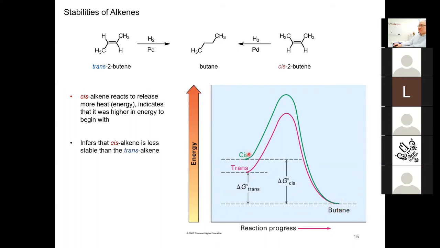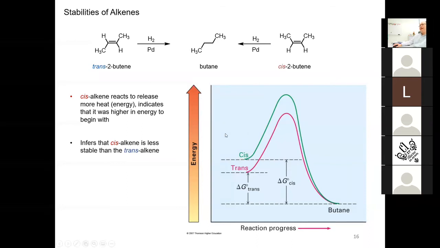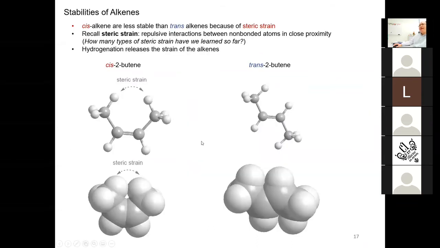If the energy of the starting material is higher, you release more heat because the energy difference is higher. For example, the delta G of cis is higher than delta G of trans. So the cis is less stable than the trans alkene. Then why? The cis alkenes are less stable than trans because of steric strain.